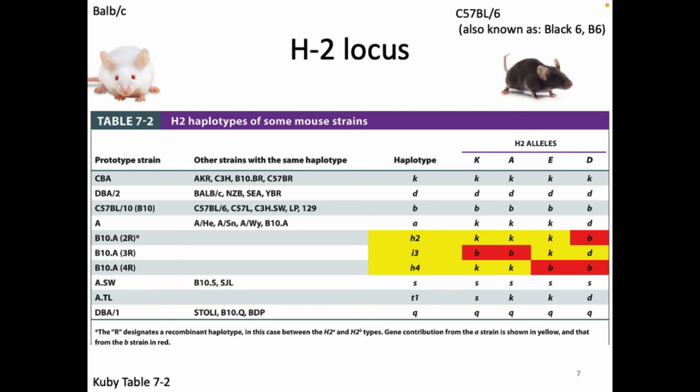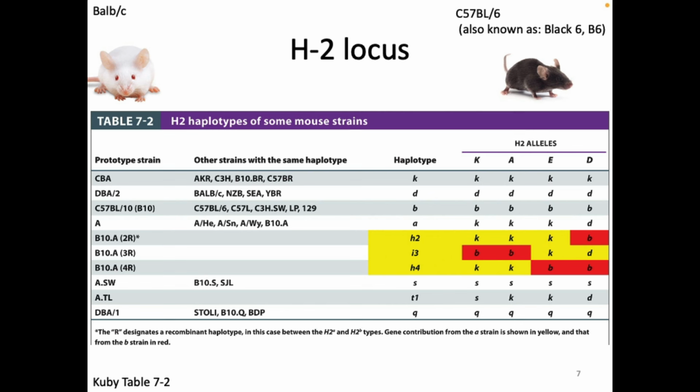H2 gene in a black 6 mouse is known as the B version. And so they said that the black 6 mouse is of the H2B haplotype.